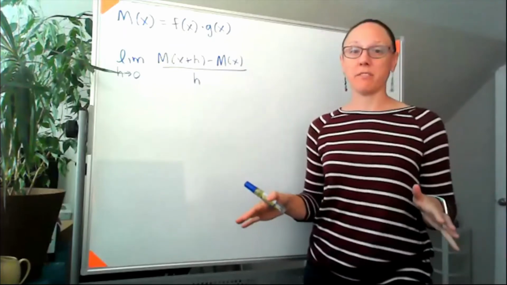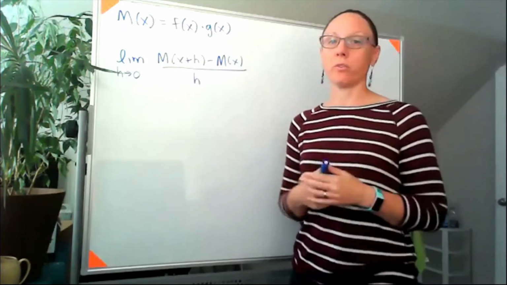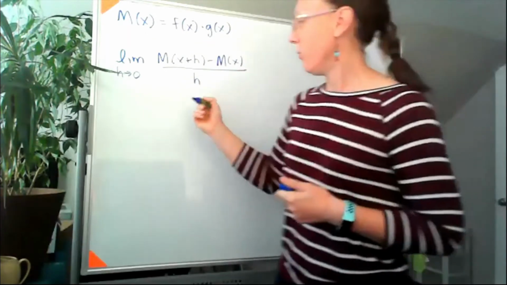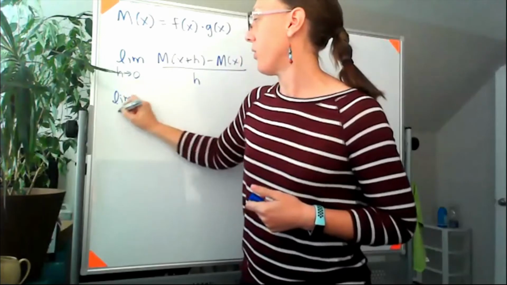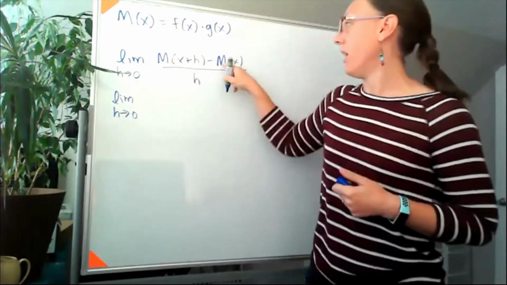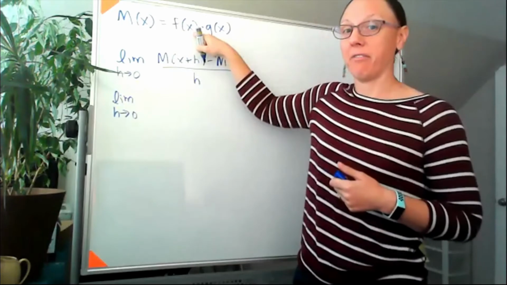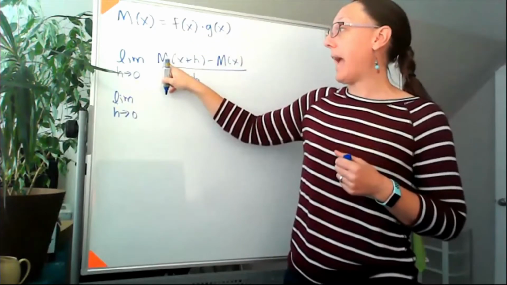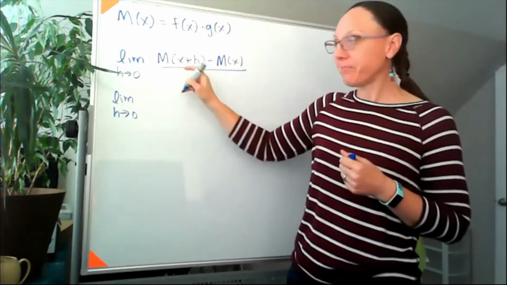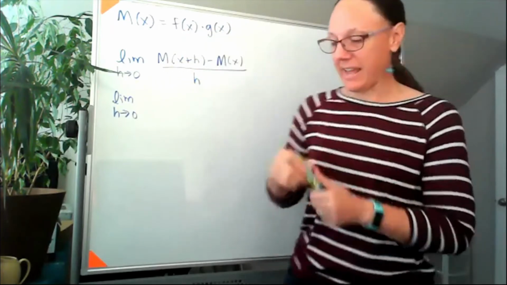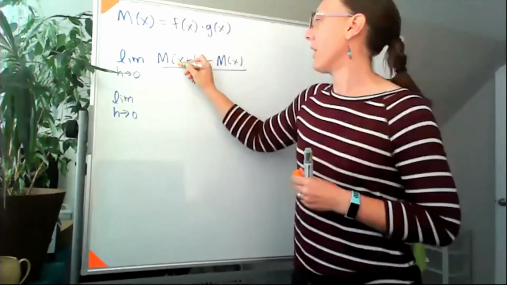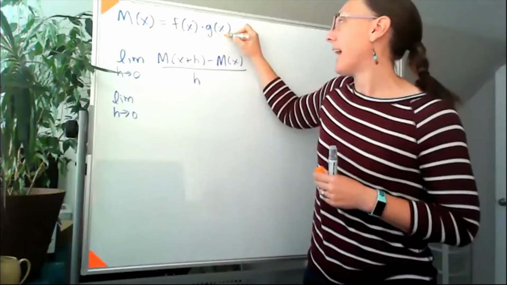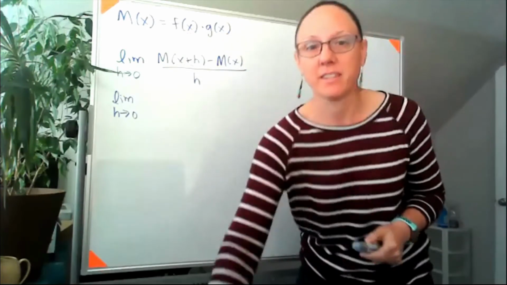And I haven't told you what the functions are, so we're going to work through this generically just with all of the letters. Well, the one thing I do know about m of x is it's equal to f of x times g of x, which means that when I'm looking at m of x plus h, that x plus h is what I'm going to have to plug in both for the x in f of x and the x in g of x.